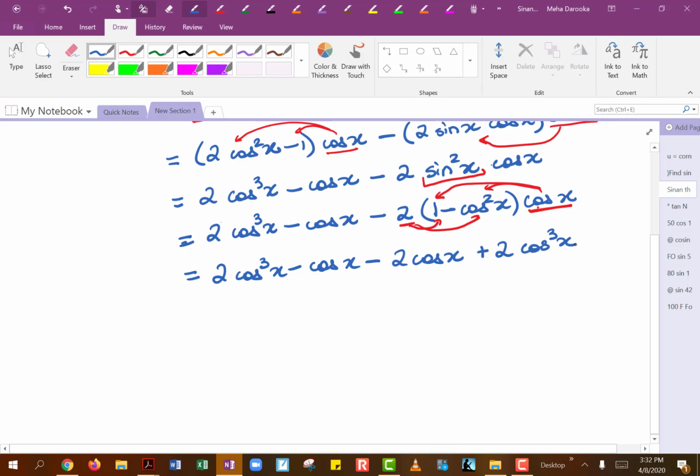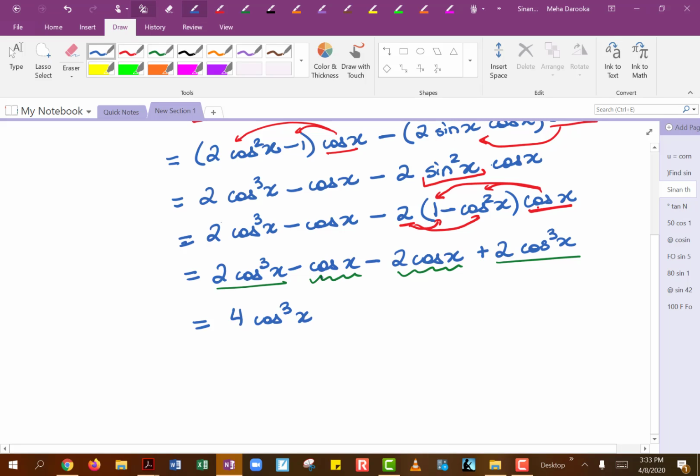And then you can combine your like terms. These guys will be like terms, and then these guys will be like terms. So 2 cosine cubed of x and 2 cosine cubed of x will of course become 4 cosine cubed of x.